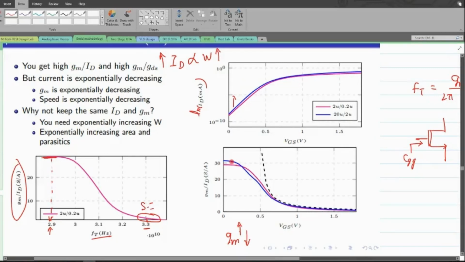This is a kind of thought process that may come to you. But here one thing you have to observe is that the current is degrading at an exponential rate. So this means that I have to increase the width exponentially in order to achieve even a small step in the current value.